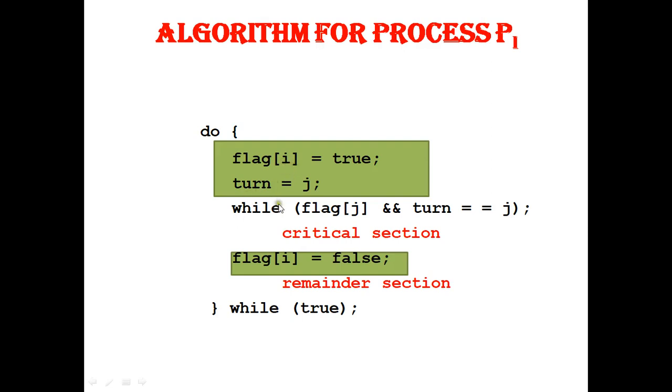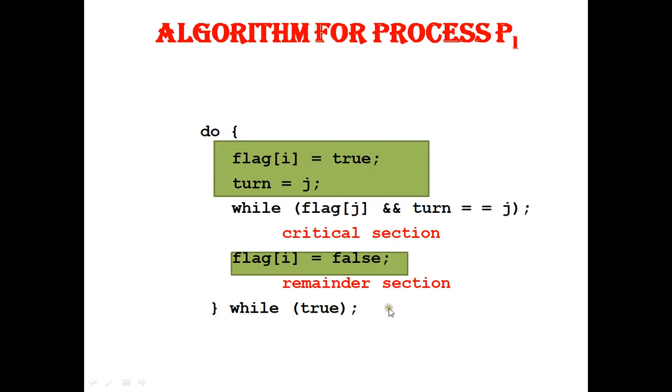Then it sets the value of turn to j. The turn variable will tell which process is going to enter, and by checking the condition, process Pi can enter into its critical section.